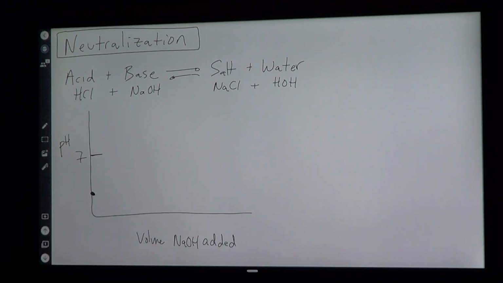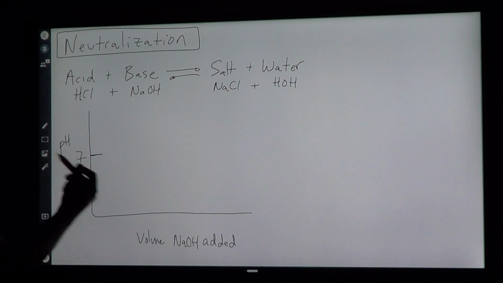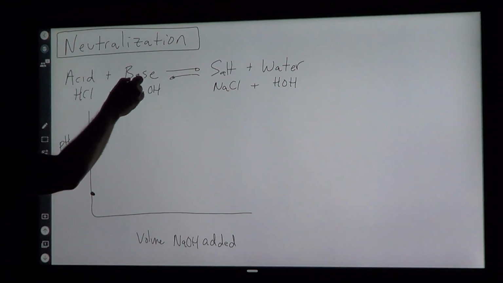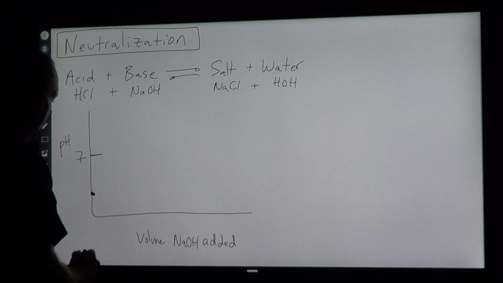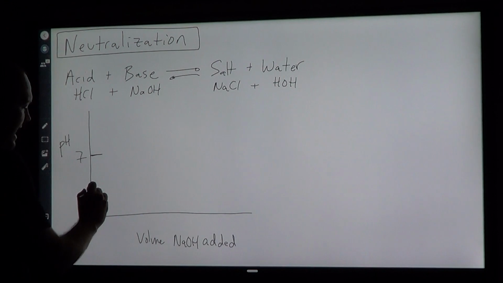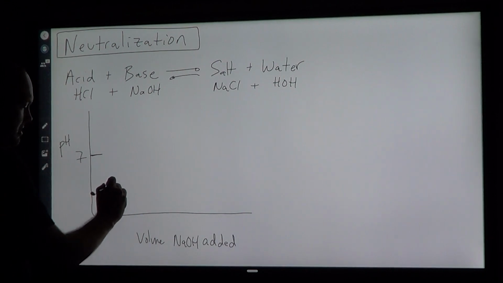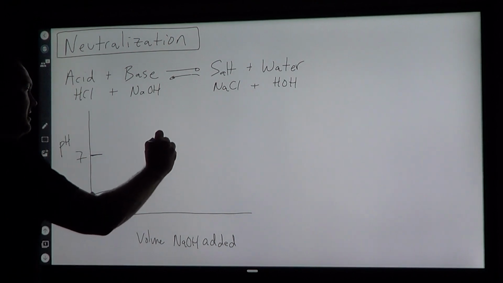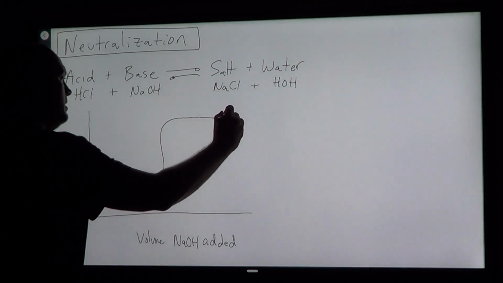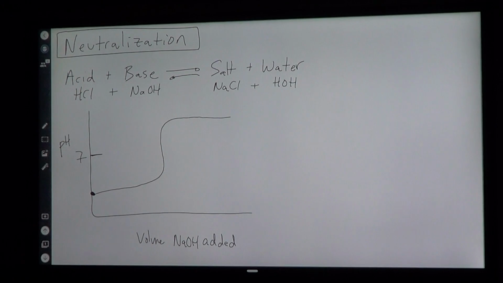By adding strong acids and strong bases, you're forcing the base to chew through the acid, whether the acid is strong or weak. And what will happen is you will add sodium hydroxide, and this graph will slowly go up, and then you will get something that looks like this.